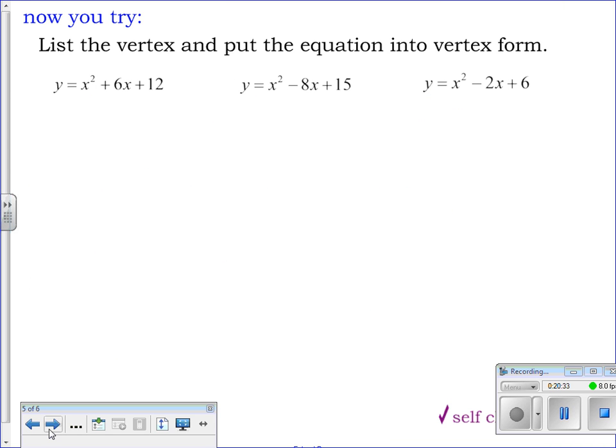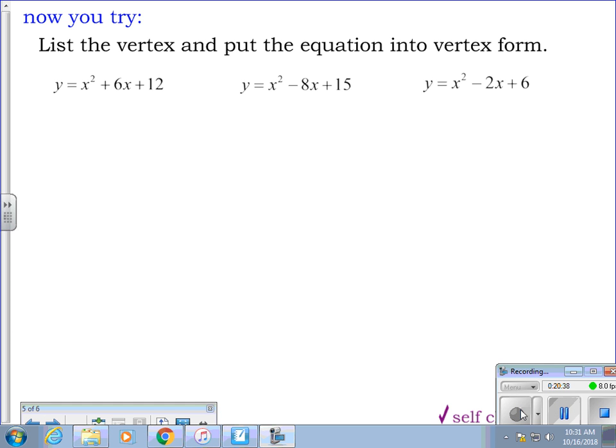Your turn. Do those. Okay, here we go. So once again, x equals minus b over 2 times a. I get negative 3. Y equals negative 3 squared plus 6 times negative 3 plus 12.